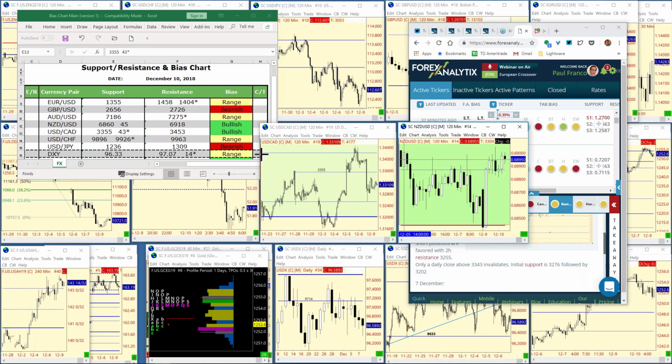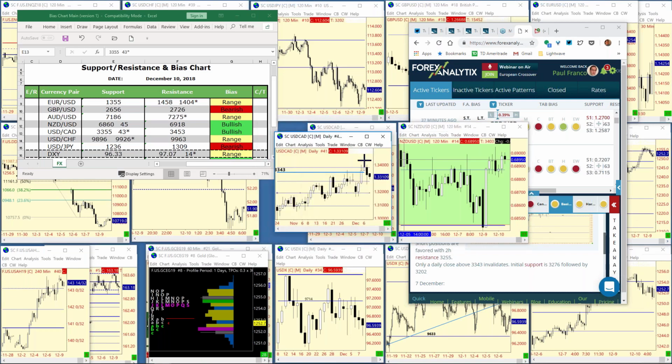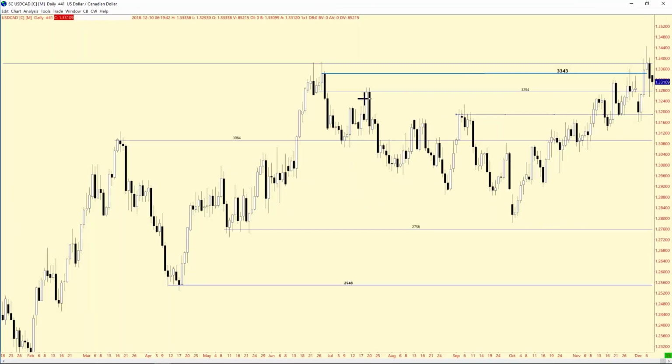So let's take a look here on the daily. So there's that key 33.43, and this had really opened it up when we got that close just above that on Thursday, and opened the door for them to even get above the 34.